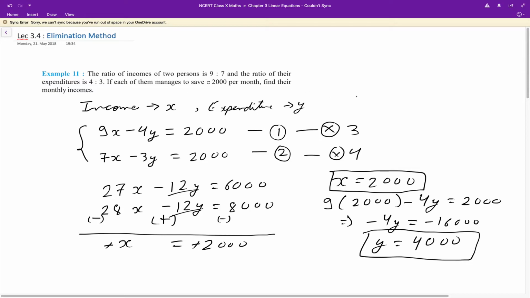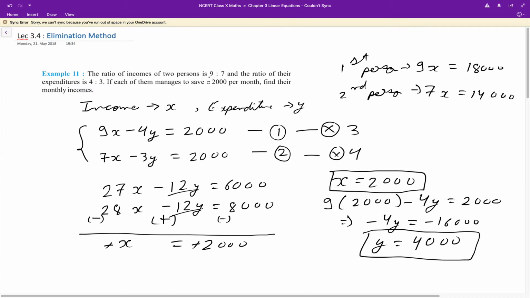So for the monthly incomes, for the first person the monthly income would be 9x, that is equal to 18,000. And for the second person, the monthly income would be 7x, equal to 14,000. Now we can quickly check if it matches or not.